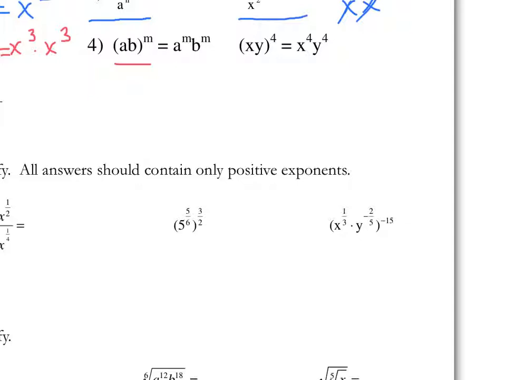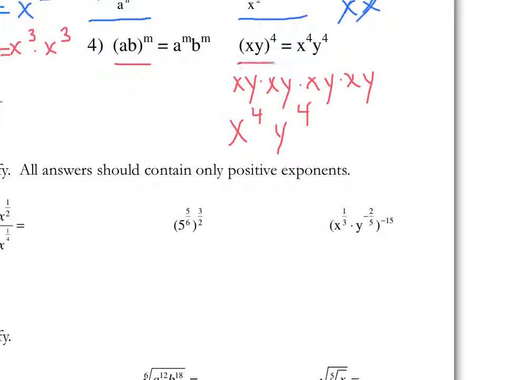That's easy to see if you think about what it means to raise something to the 4th power. It means write it down 4 times, then multiply, and the order in which you multiply doesn't matter. How many x's do you have? 4. How many y's do you have? 4. So it's x to the 4th, y to the 4th.